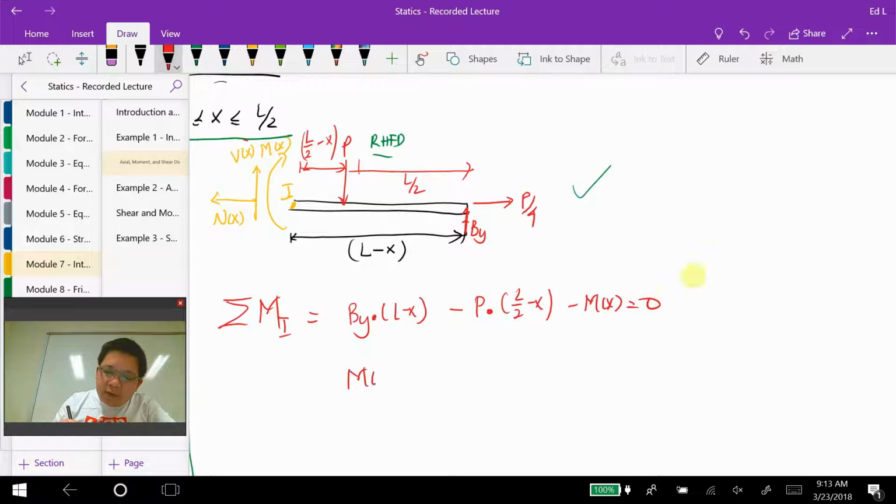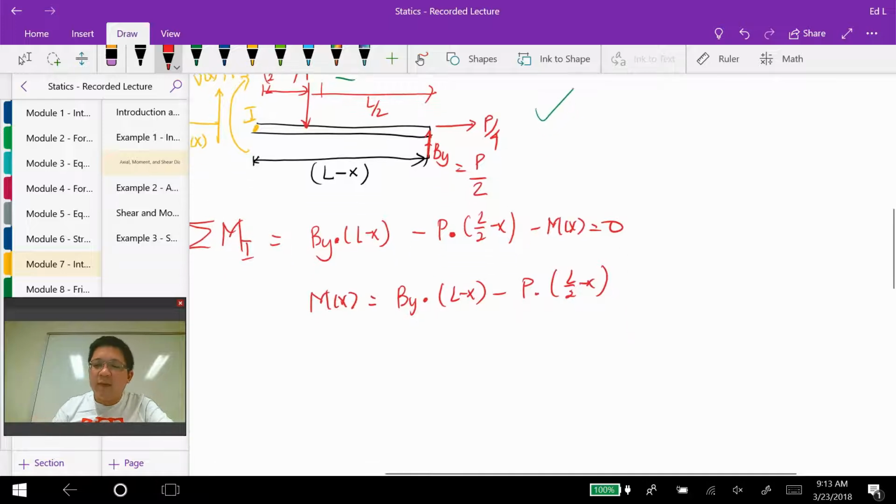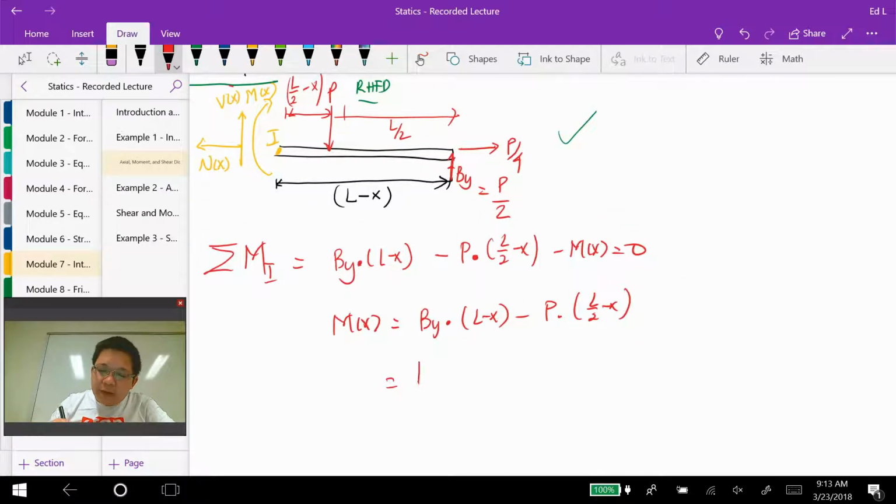So my M of x is By times L minus x minus P times L over 2 minus x. My By is P over 2 from what we calculated in the previous example. So here we have P over 2 multiplied with L minus x, and here we have P multiplied with L over 2 minus x.